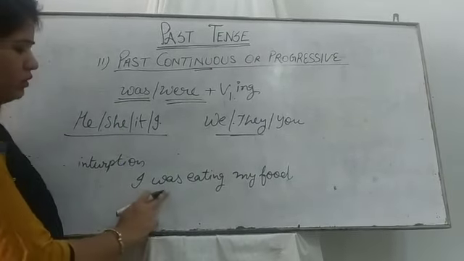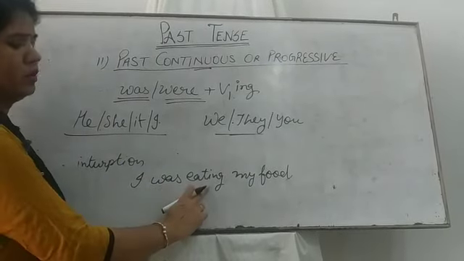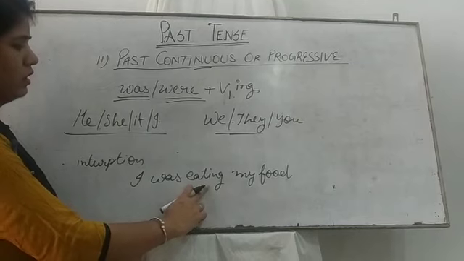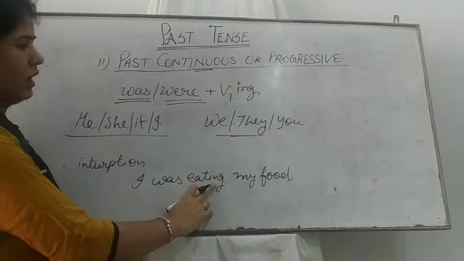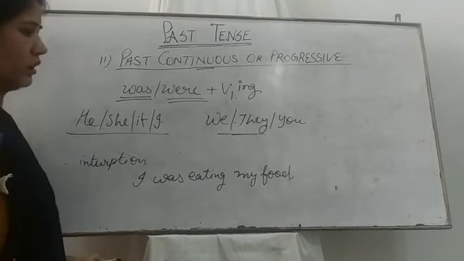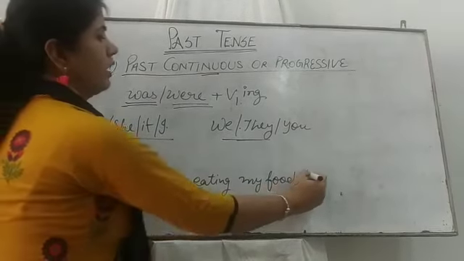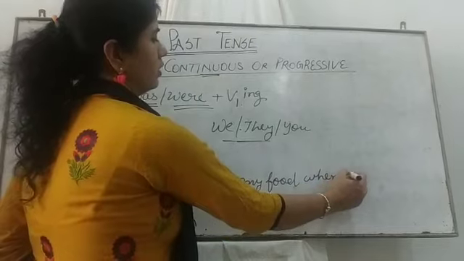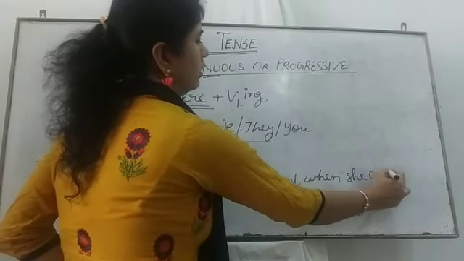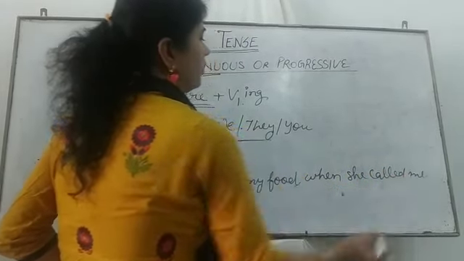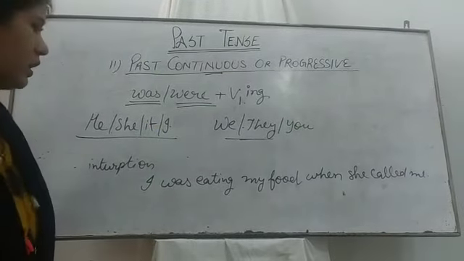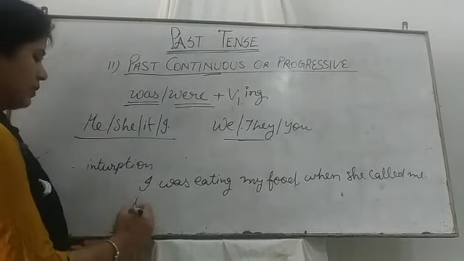I is the subject, was the helping verb, eating is verb's first form with ing, and my food is the object. And the interruption in between this action is when she called me. Clear?